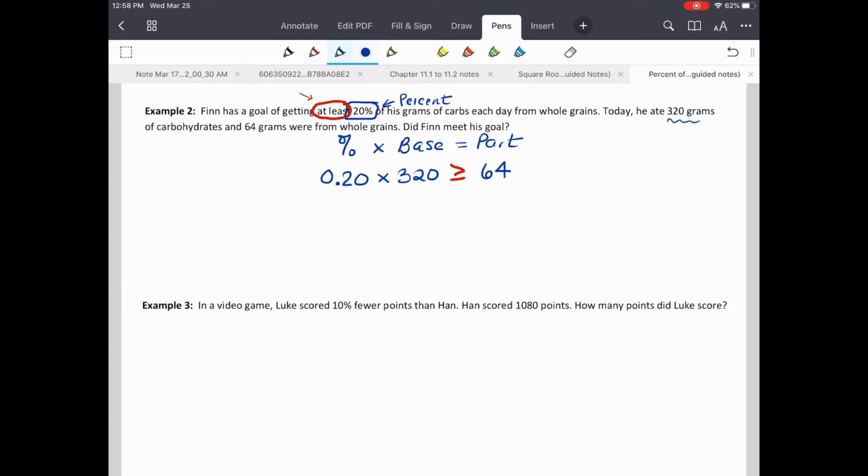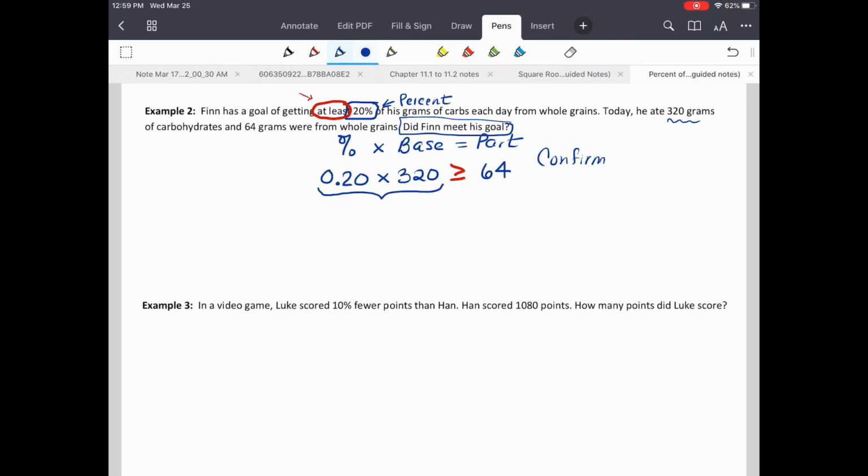64. All right, so this looks like it's already solved, but this question is just asking us, did Finn meet his goal? So this question is just asking us to confirm, is this going to work? Is Finn's diet of carbs versus whole grains working out?